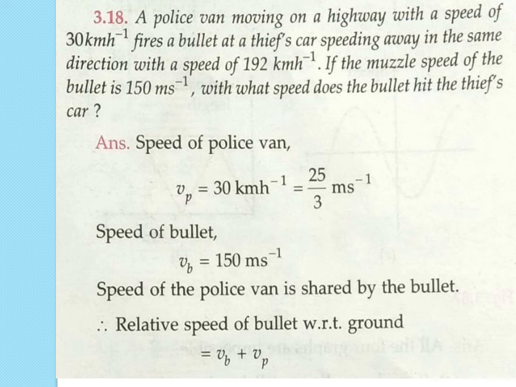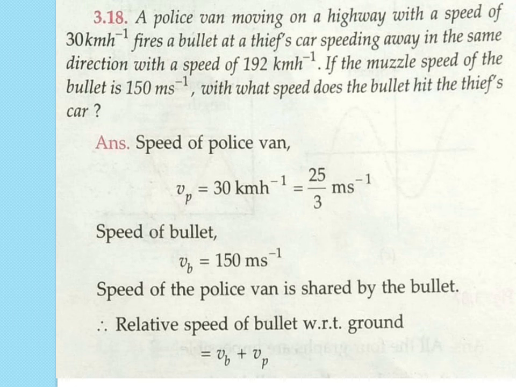Understand the question: the police is sitting in the police van and firing the bullet. The bullet is also moving and the car is also moving as well. So the total velocity will act as a system and you have to add both the velocities, the velocity of the police van and the velocity of the bullet, and the speed of the bullet with respect to ground will be the sum of these two velocities.